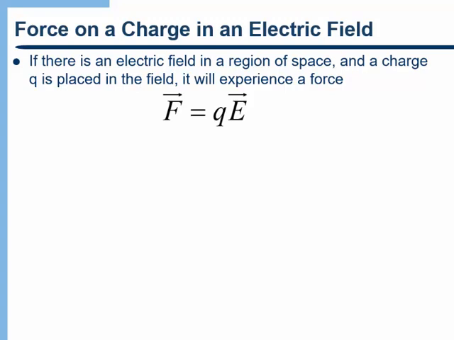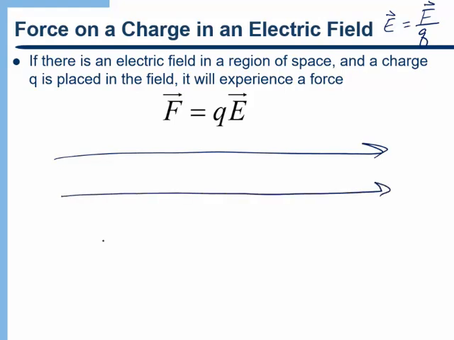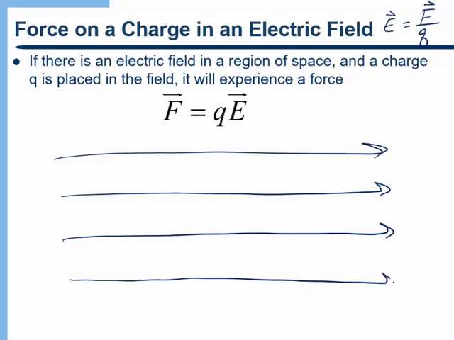Well, we can take our definition of the electric field, that the electric field is F over Q, and we can rearrange that to find the force on a charge placed in an electric field. So for example, let's say that there is a constant electric field to the right. I would denote that by just drawing evenly spaced parallel lines going to the right.